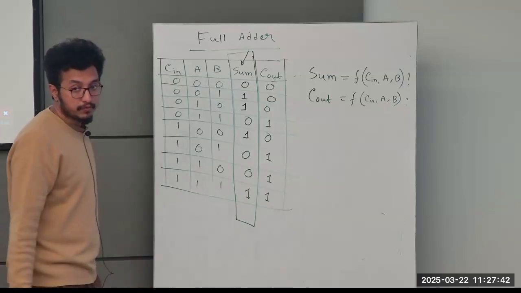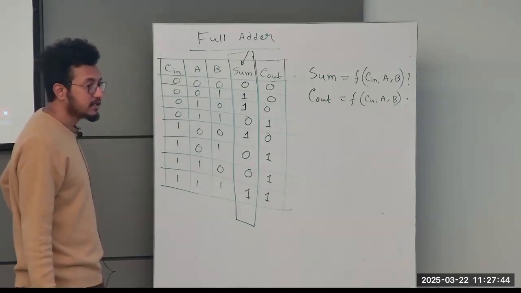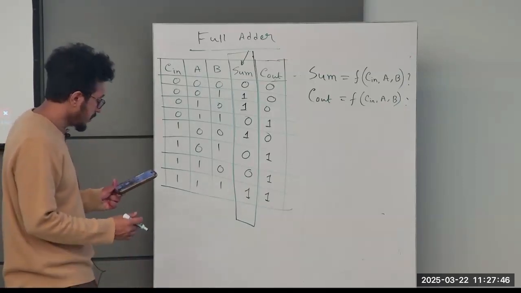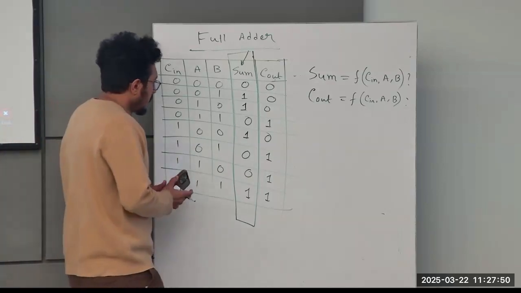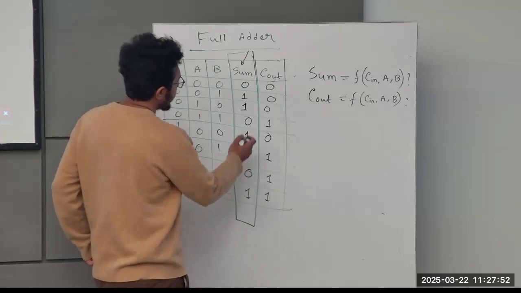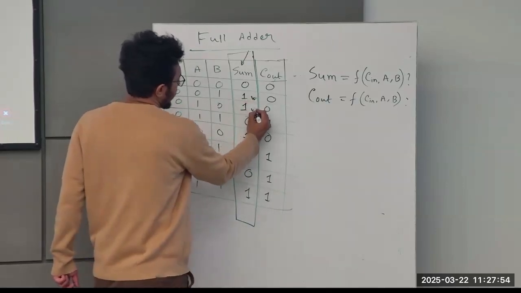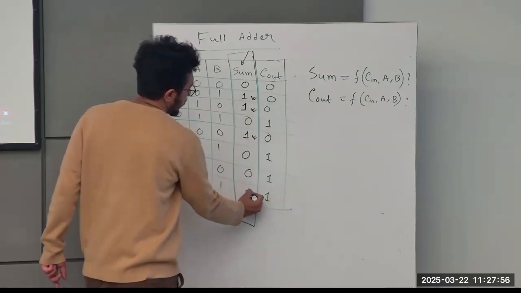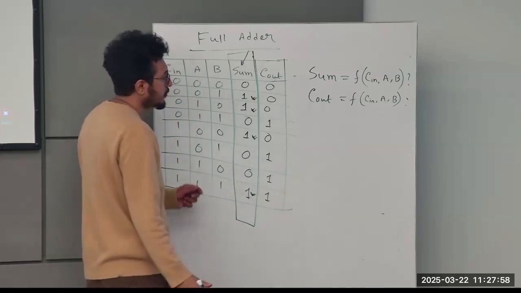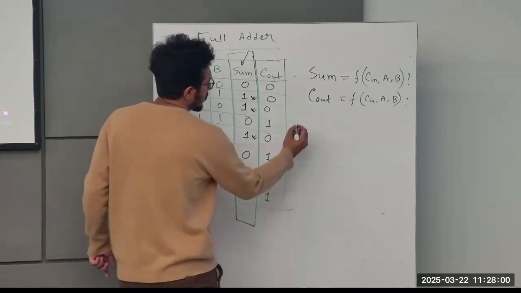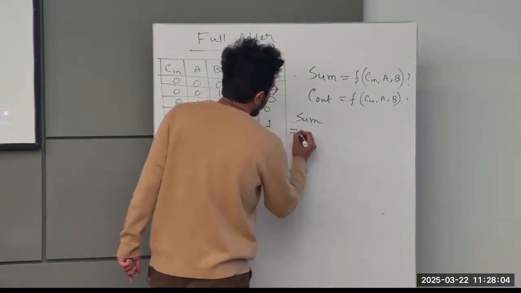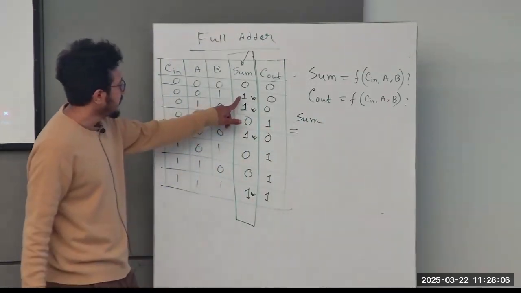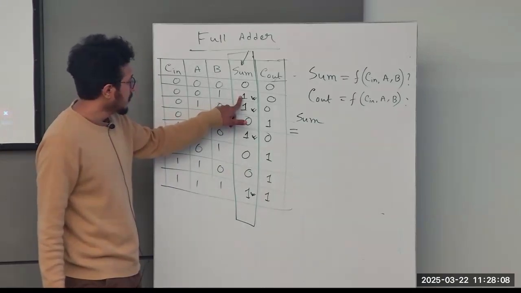And what have I told you before? We will only focus on the ones. So we have one here, one here, one here, and one here. 4 ones, so we need to write 4 terms. To implement the first one, what do we need?